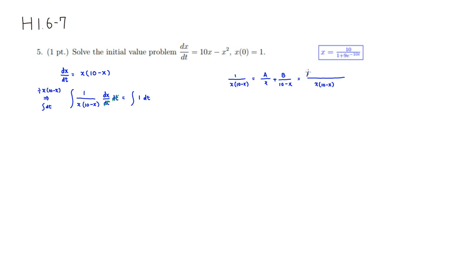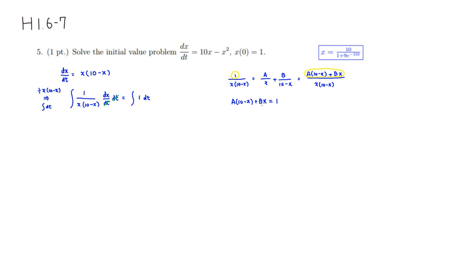So you have to multiply a by 10 minus x and multiply b by x. Alright, so we need to match this to the numerator here because the denominators are already matched. So we have this equation, and we set these equal to each other.